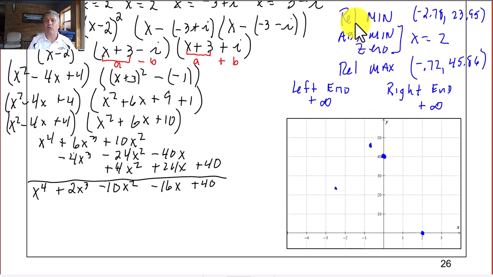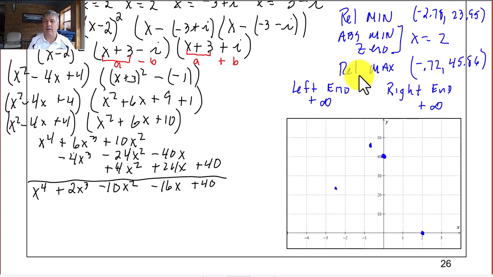After using my calculator to find the relative min and max, I've got a relative min at negative 2.78 and 23.95, so I plotted that point over here. I've got an absolute min at a zero at x equals 2, and I plotted that point. My y-intercept is 40. I can eyeball that, right? I put 0 in for x, everything drops out, and our constant is our y-intercept, so that's 40.